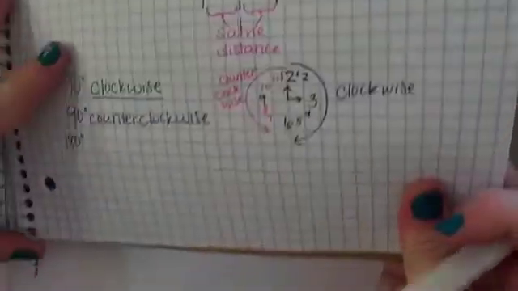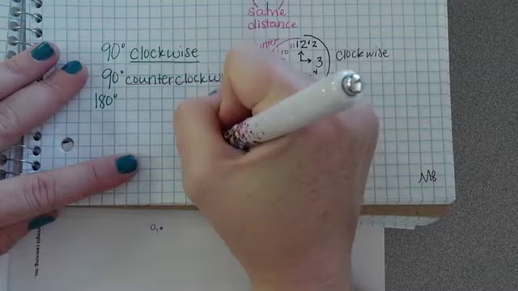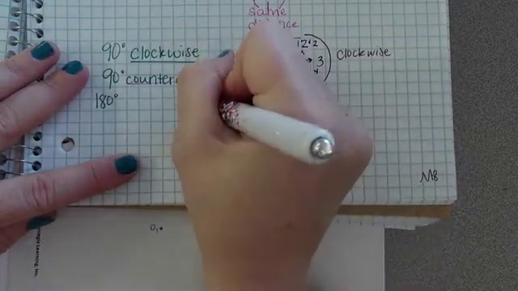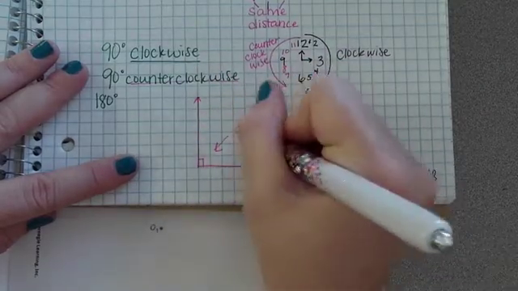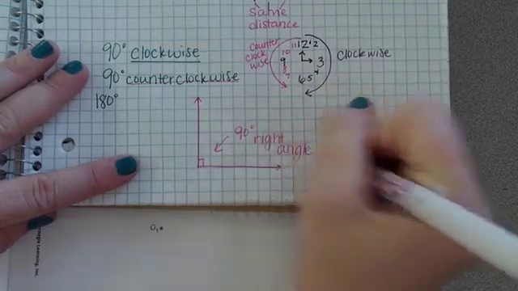I also want to remind you of what a 90-degree angle looks like. So a 90-degree angle is a right angle. So this is 90 degrees, and that is a right angle.